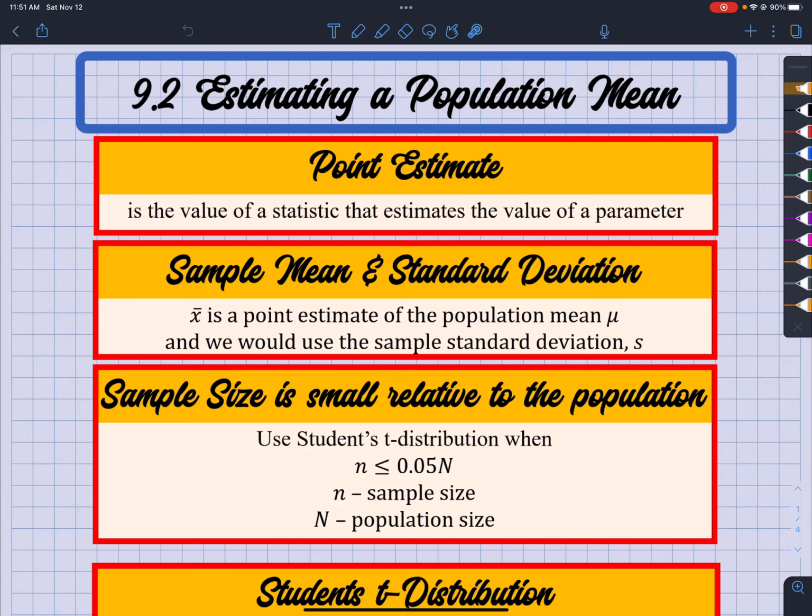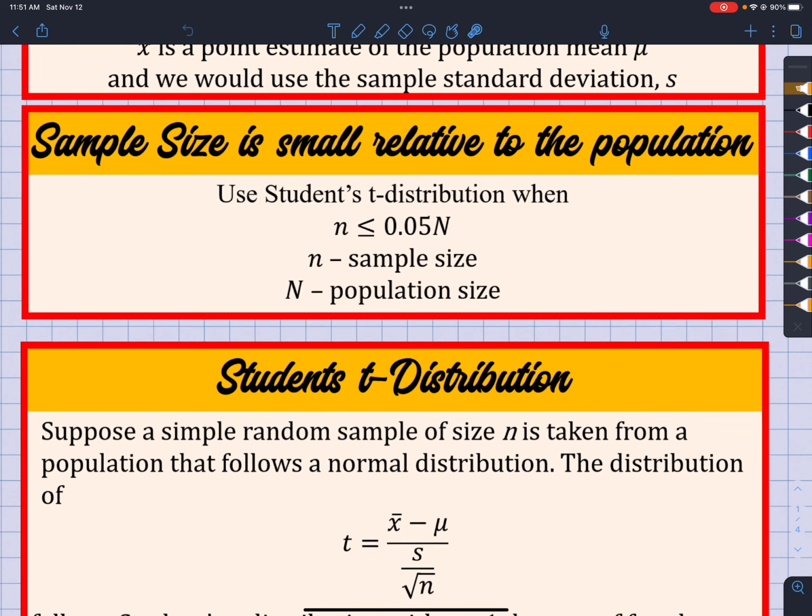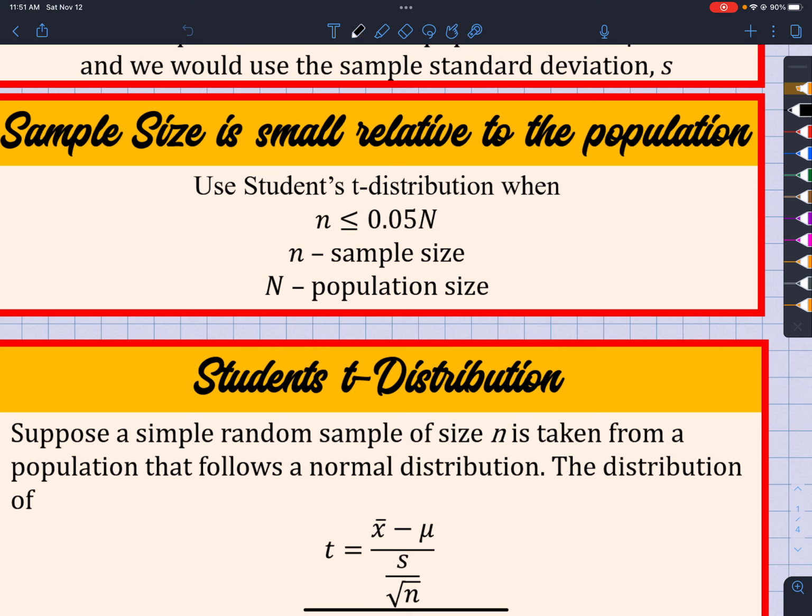So now we're talking about estimating a population mean. So what is the difference here? In this case, we're taking an even smaller sample from the population. Before, when we were using the so-called z-score, we were using more than 5% of that population data.